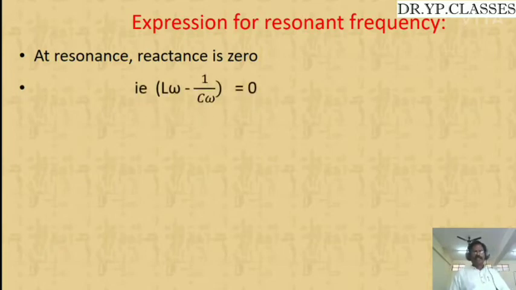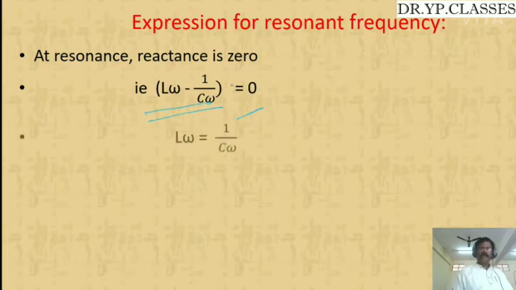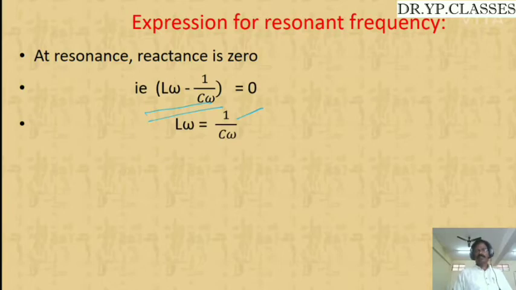For the impedance to be minimum, the quantity L omega minus 1 over C omega must be 0. So L omega is equal to 1 over C omega, which gives omega square equal to 1 over LC.